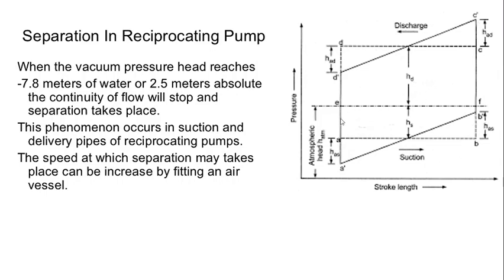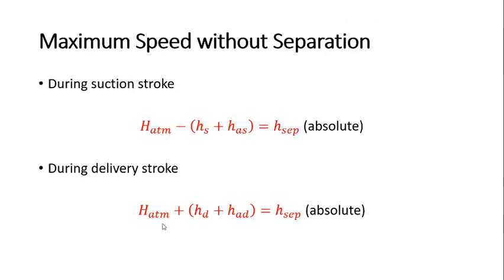So it is possible to have separation at the end of delivery stroke also. So in order to avoid separation at the delivery, we have to ensure that H atmospheric plus HD plus HAD is equal to separation pressure head. See, remember that these are in absolute scale. All things are in absolute scale.